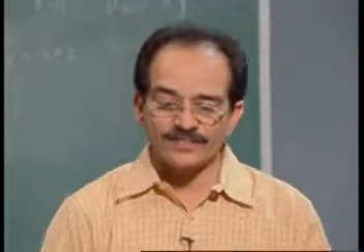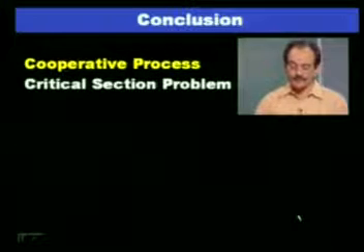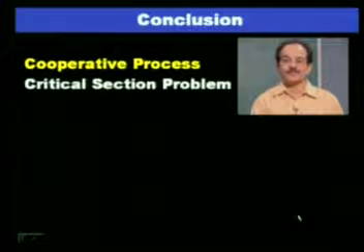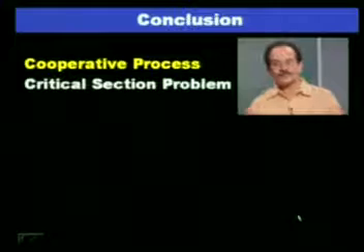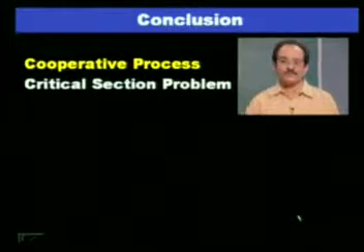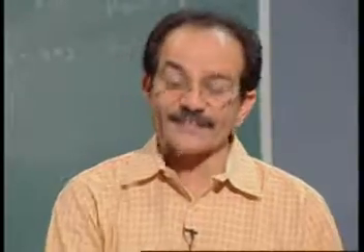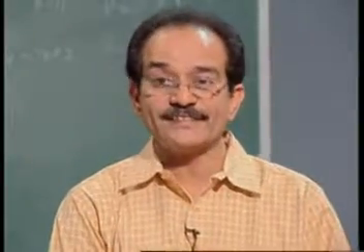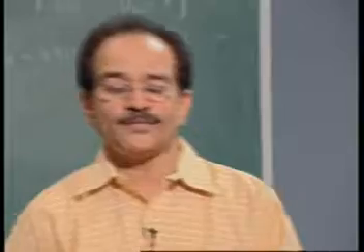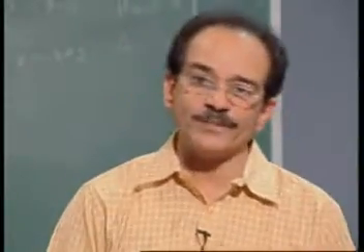So, this is what we have done today. Okay, we have discussed the critical section problem and cooperative processes, what sort of processes are in the cooperative way. Two processes which share variables are in the critical section problem. Once they are cooperative processes, it is quite possible they may be sharing some sort of information through direct communication, or through indirect communication.